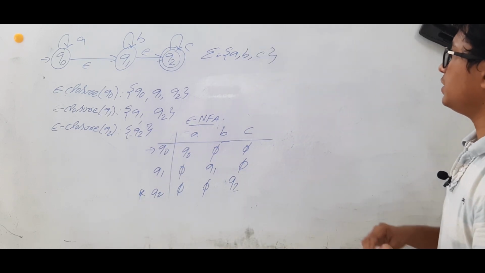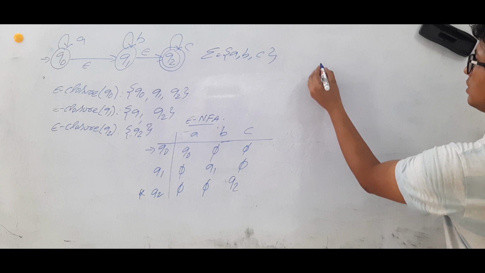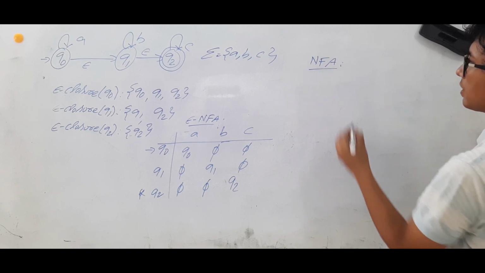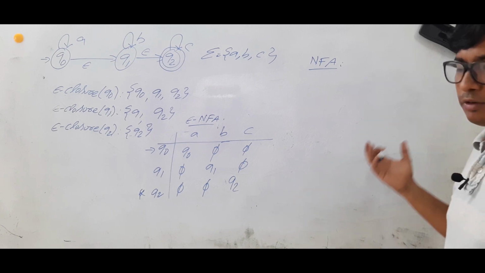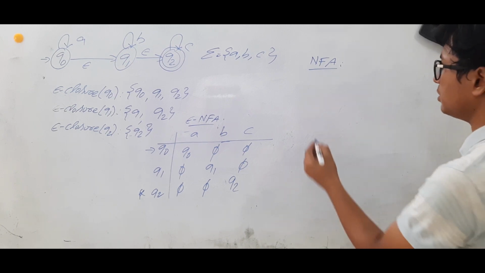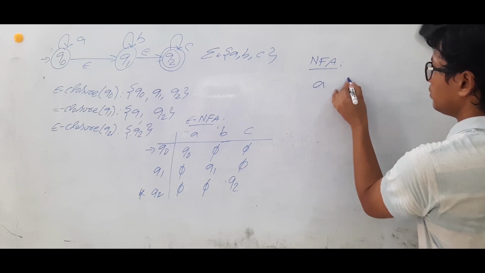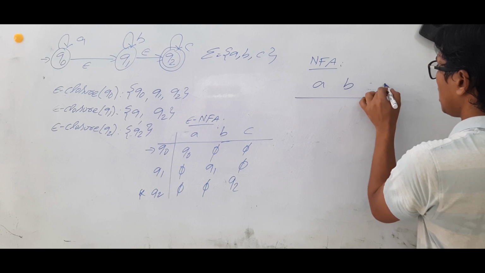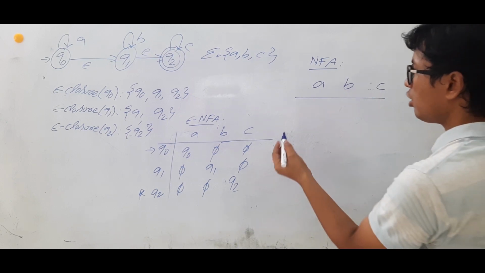Now we need to find the transition diagram for the NFA. Before that I need to find the transition table. The transition table will have 3 alphabets, and how many states?